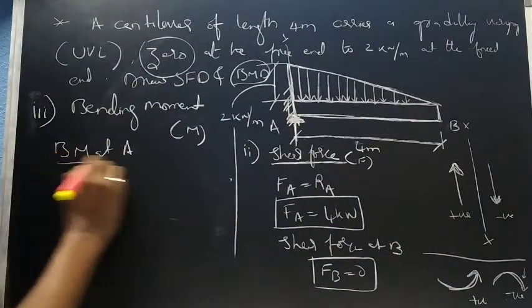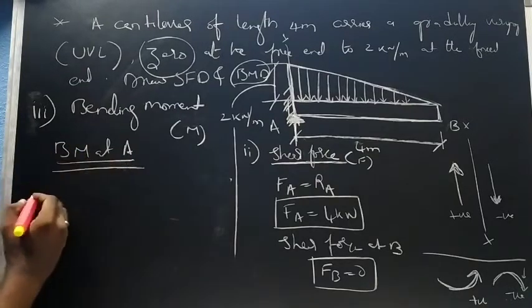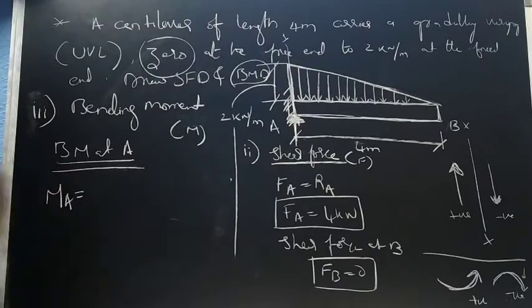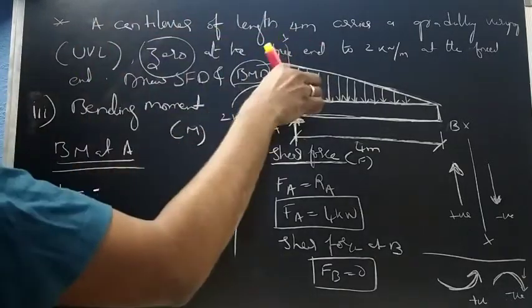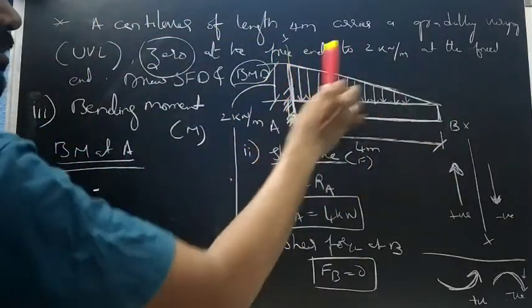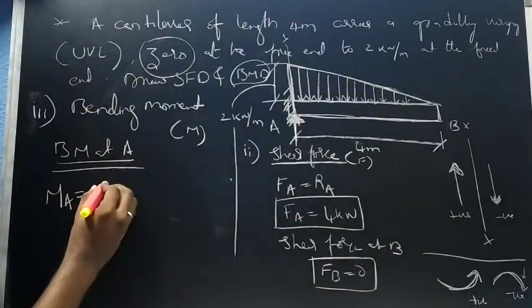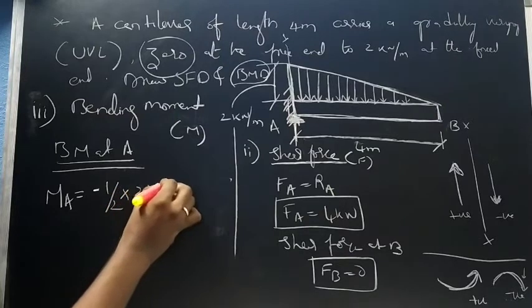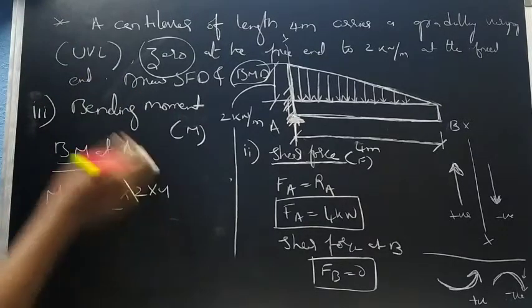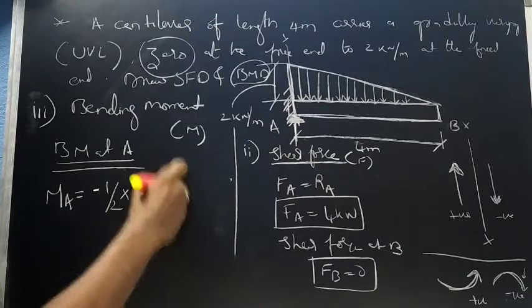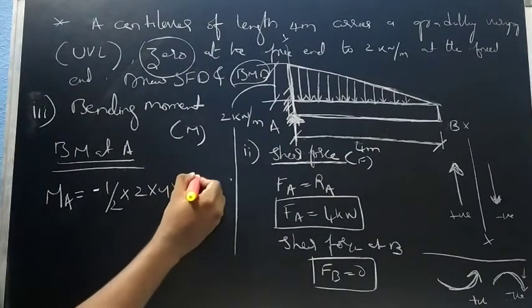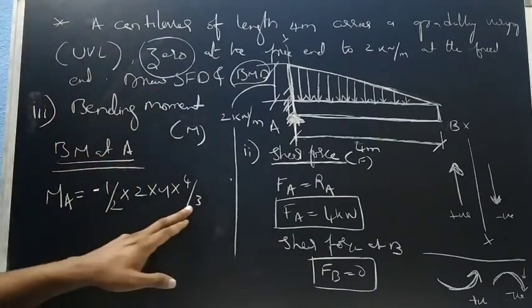So the bending moment at A. I can write that MA equals minus half into 2 into base, height into base, and the maximum bending moment will occur at 4/3.